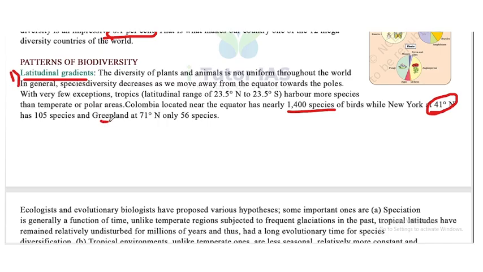And Greenland, on the other hand, at 71 degrees north, has only 51 species. So this is evidence which shows that species diversity decreases as we move from the equator to the poles.